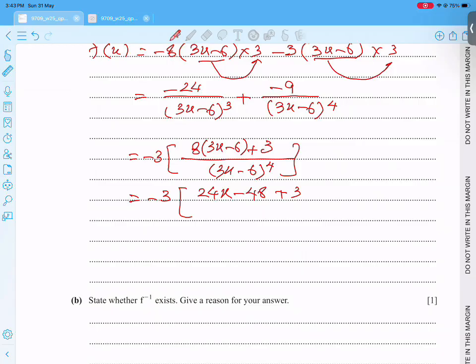After this, this value will give us 3x minus 6 to the power 4. With negative 3 outside, I'm getting here 24x minus 45, over 3x minus 6 to the power 4.